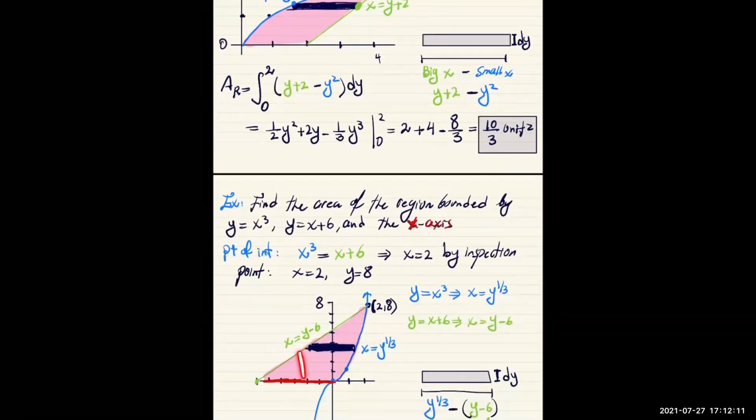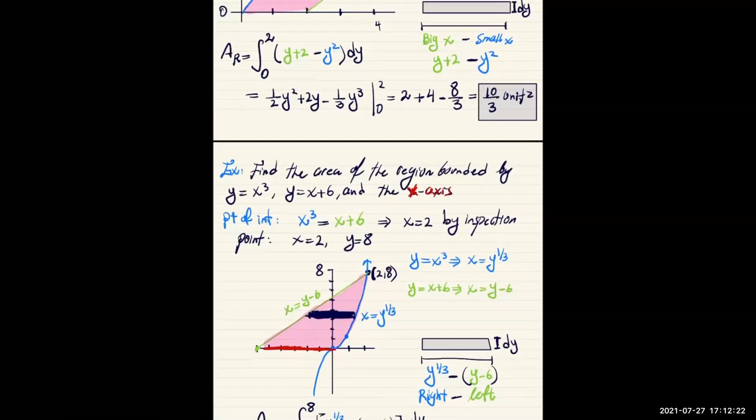So wouldn't the area to the left of the y-axis be similar to taking the area below the x-axis? So this gives us a net area instead of the total area? Yes, it would.